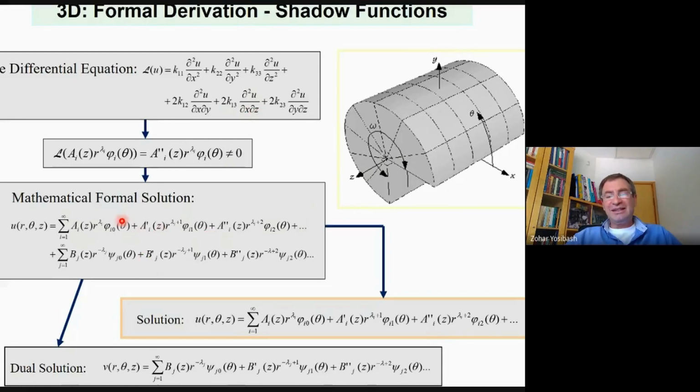So for the Laplacian, I will have only this term, then this term, and then the one with the fourth. But for a general problem like this one, I will have also the first derivative. Why is it important to speak about it right now? Because when we go to elasticity, we will see that we always have the first derivative. Only for the Laplace equation do we not have it.